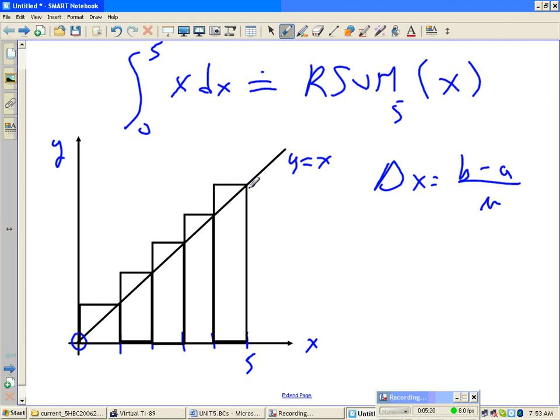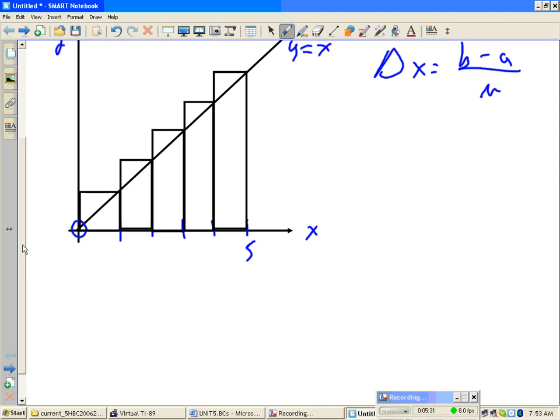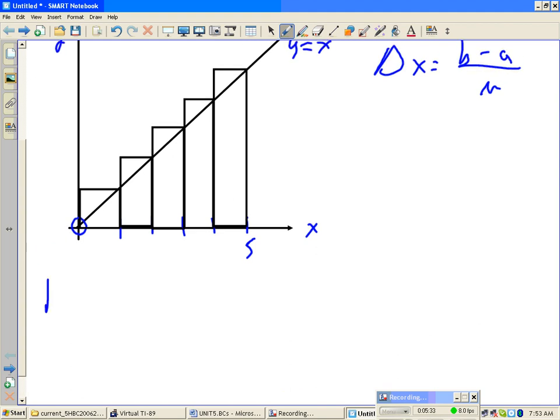And so what's the area of a triangle that's 5 by 5? 25 over 2, 12.5. Okay, now let's say we don't know the answer. Let's pretend we don't know the answer. How do we estimate this answer using a right rectangular sum? All right, well, let's see. A right sum with 5 equal intervals on the function x from 0 to 5. All right, I guess I should specify that.